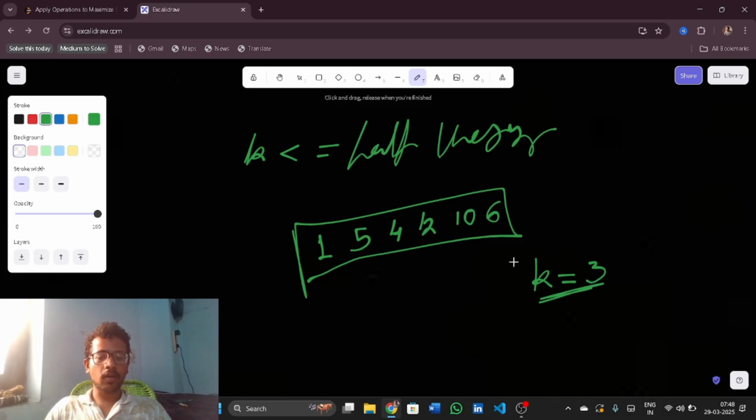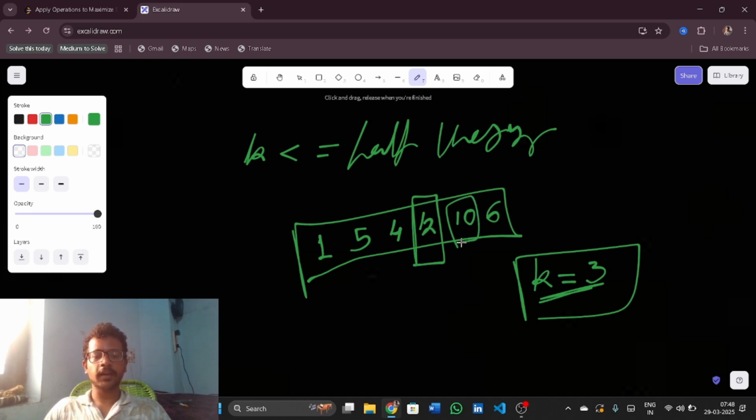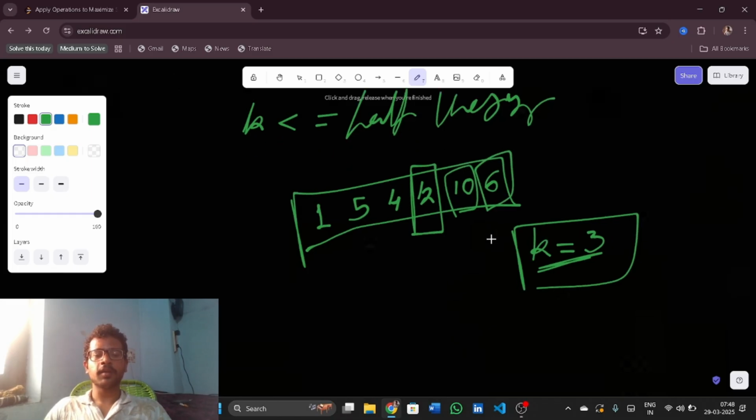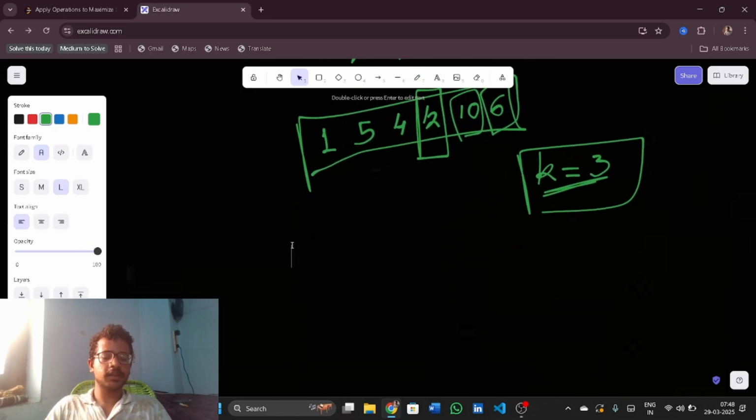Now, can I take all the 3 elements? Absolutely, because if I am not considering any prime score, I can randomly select the topmost elements 12, 10 and then 6. So my first observation is to take all the k operations.